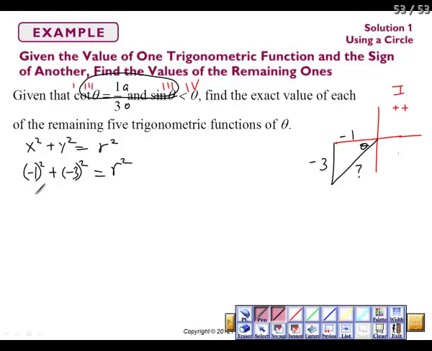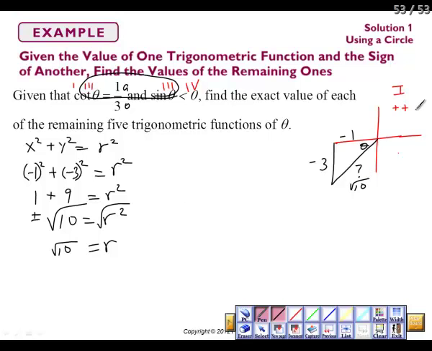Well, -1 times -1 is just 1, and -3 times -3 is 9. So r squared equals 10. We apply square root to both sides, and the radius is always going to be positive. So this will be a positive square root 10.